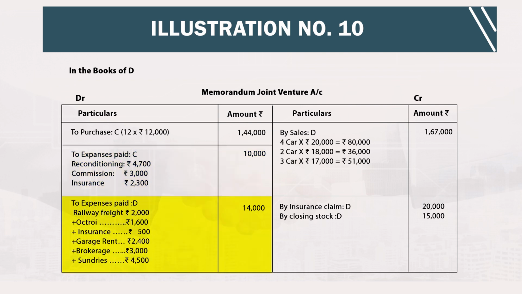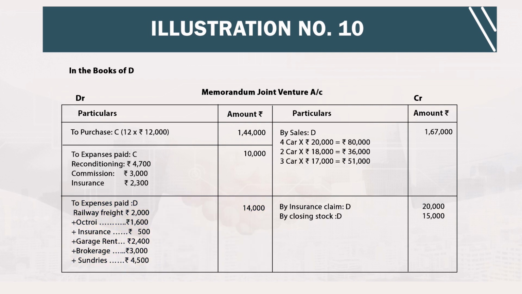Expenses paid by D: railway freight rupees 2,000, octroi rupees 1,600, insurance rupees 500, garage rent rupees 2,400, brokerage rupees 3,000 and sundries rupees 4,500. Total 14,000 paid by D. This amount will be on the debit side.